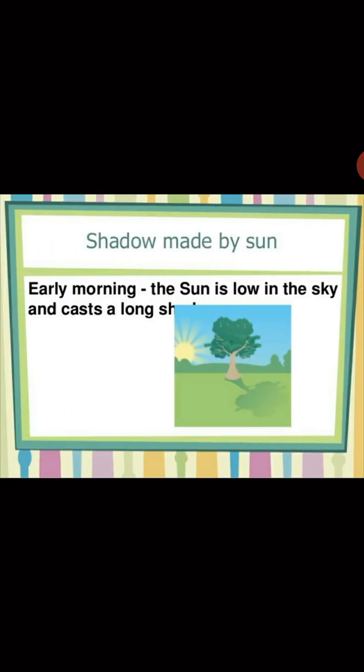What happens in the early morning? In the early morning, the sun is low. So at that time, the object will cast a long shadow. So during early mornings, shadows are long.